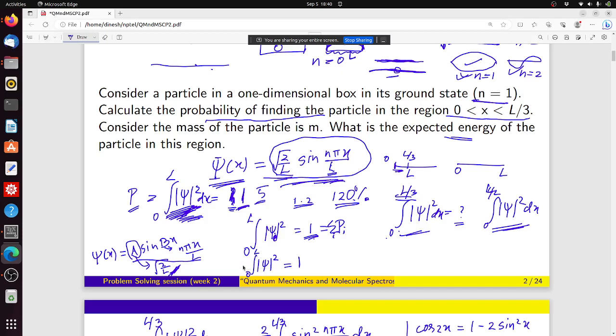So from here you will get some mod of a square. This value, if you get it, you have to just divide, then you will get a square is 1 over this integration value, then you take the root, and you will get this a value, 2 by L.